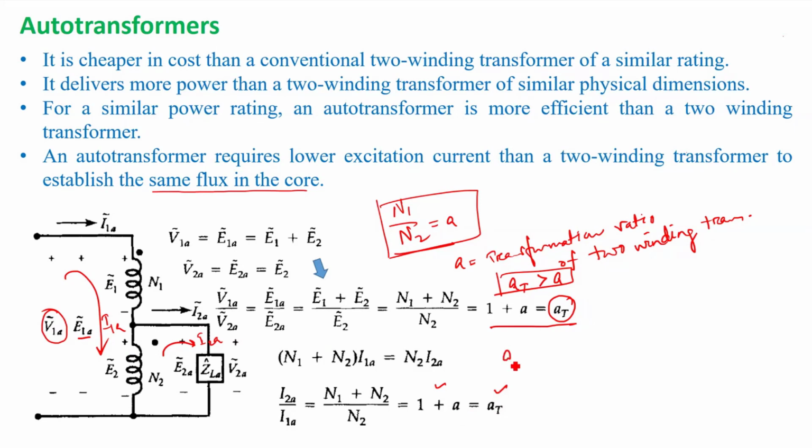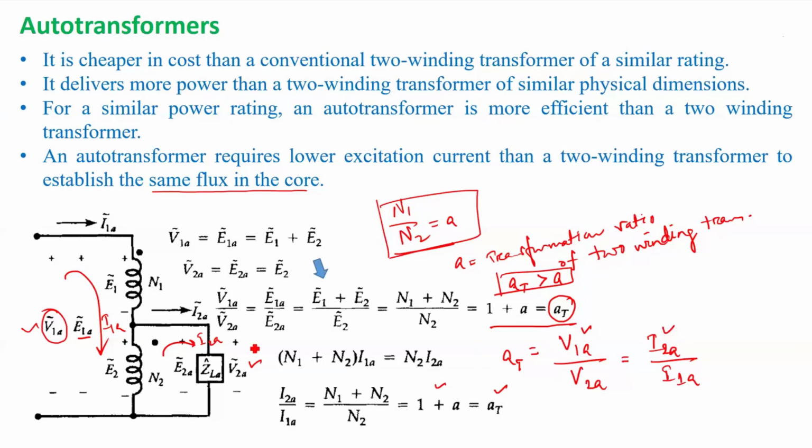That means the transformation ratio of the auto transformer AT is nothing but V1A by V2A. That means the primary side voltage of the auto transformer V1A divided by the secondary side voltage V2A of the auto transformer, that is equal to I2A by I1A, right?